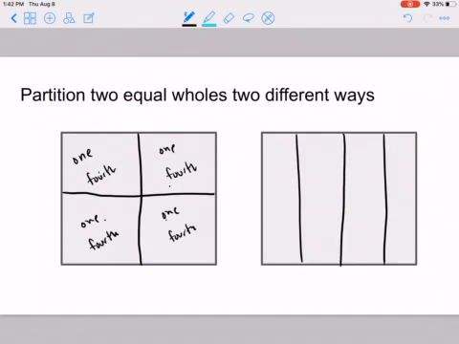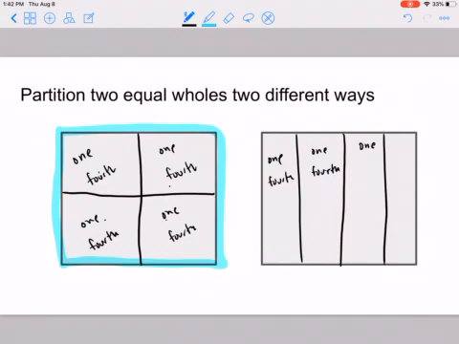So the size of the pieces in this whole are fourths, and they're all 1/4 here. But the only difference is how we partitioned. They still represent the same amount because the wholes are identical. These are the same.